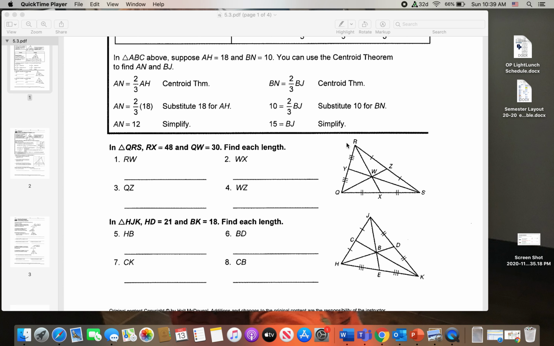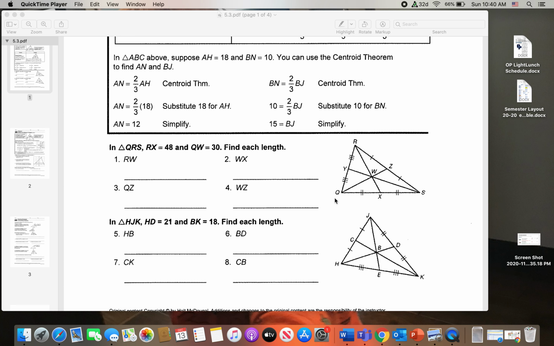But I could use my calculator and do 2 divided by 3 times 48, and I will get 32. The distance from R to W is 32. Okay, from W to X: if the whole thing is 48 and R to W is 32, that leaves 16 for W to X. Another way to do it, 48 divided by 3 is 16, and so you know 16, 16 and 16 is this other part, 32. Okay, W to X I did.